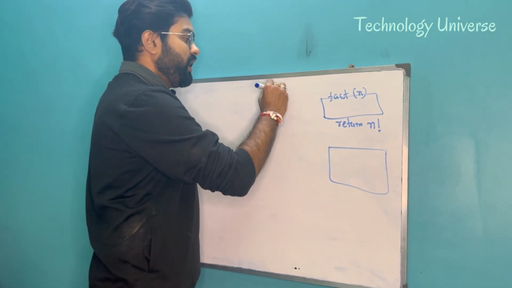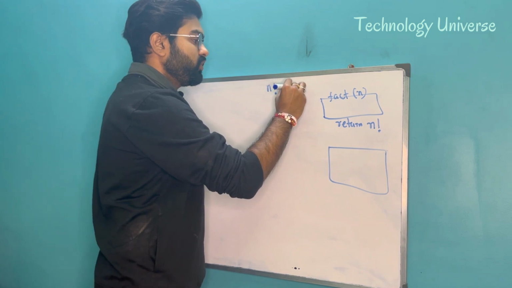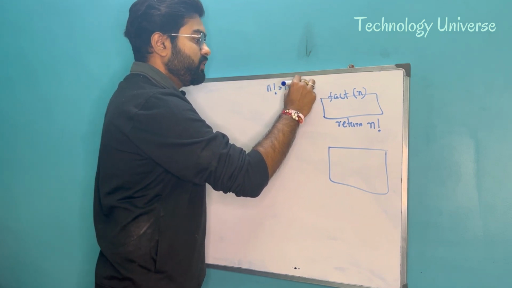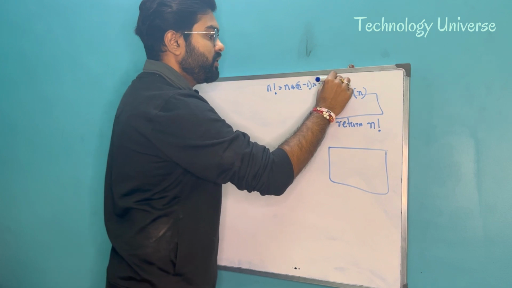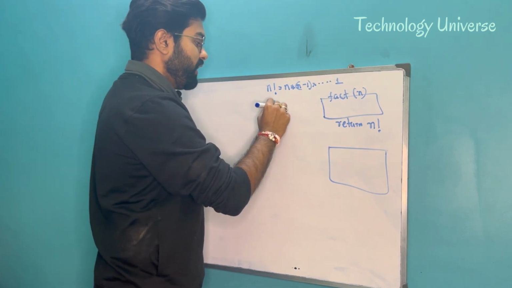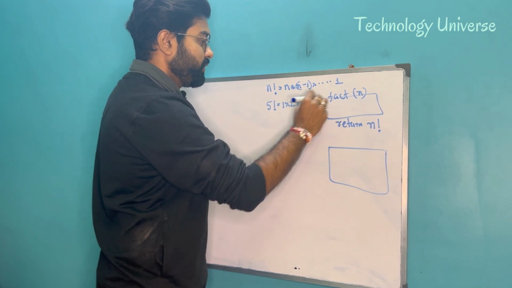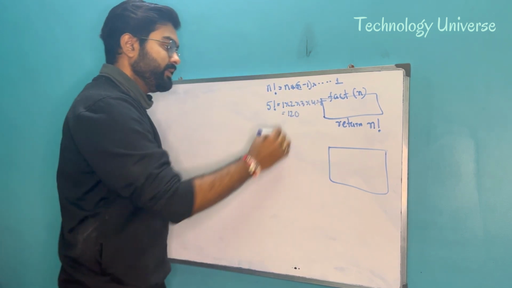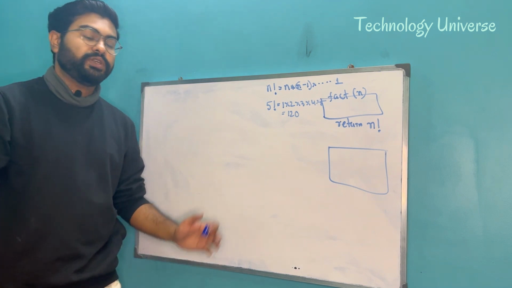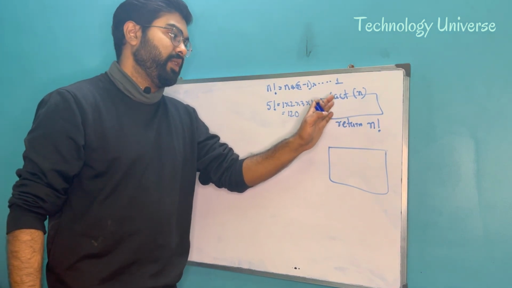What is a factorial? A factorial is the product of the numbers from that number down to 1. Suppose 5 factorial: 5 factorial means 1 into 2 into 3 into 4 into 5, that's 120. So that we have to write here as a method.